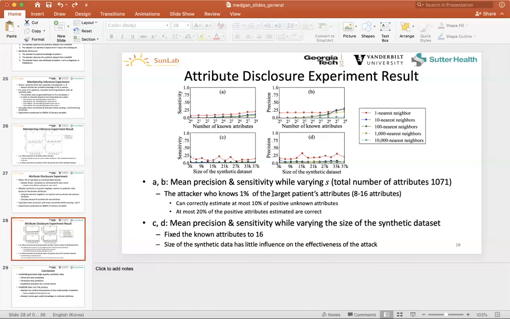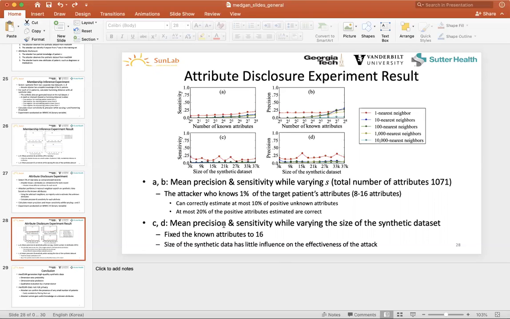So the bottom line is, where was the bottom line? Right. Realistically, we're going to assume that the attacker knows maybe 1 or 5% of the specification, like patient John, I know only 5% information, and I want to fill in the rest of the 95%, or maybe I know 10% and want to fill in the rest of the 90%.